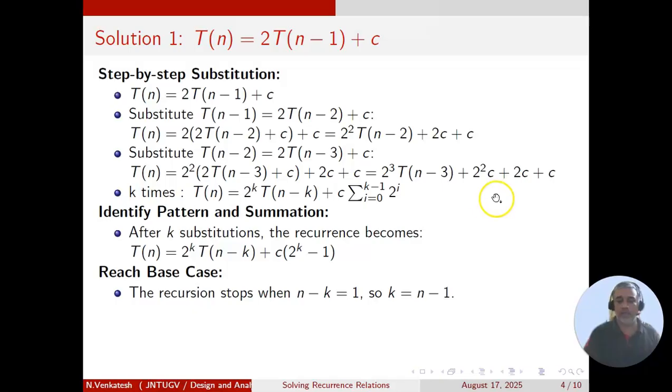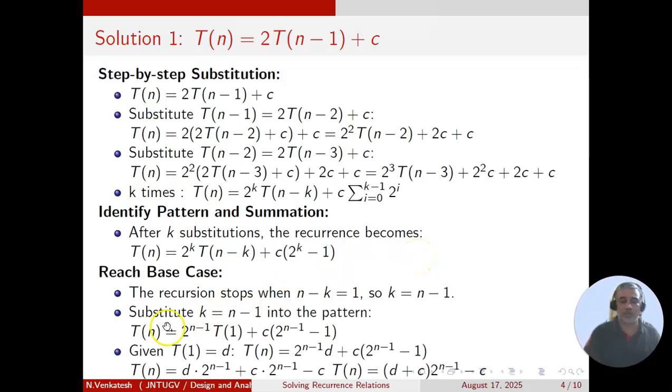That can be written as (2^k - 1)/(2 - 1). Here k is n-1, so you will get c times (2^(n-1) - 1). So it's in the order of 2^n. So the time complexity is order of 2^n.